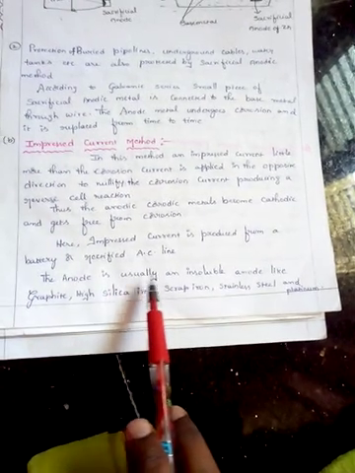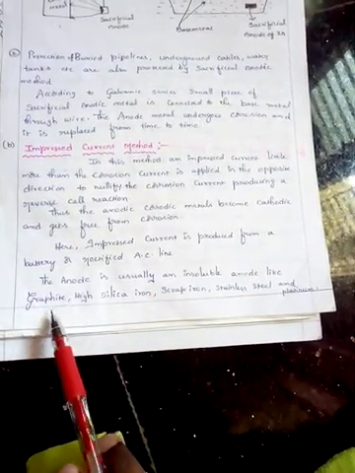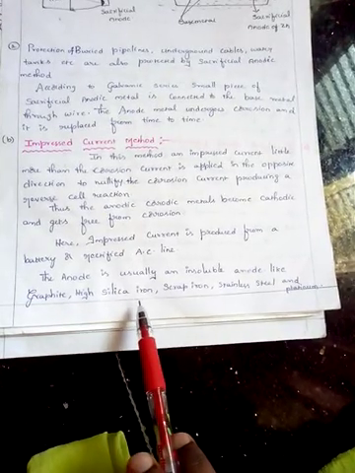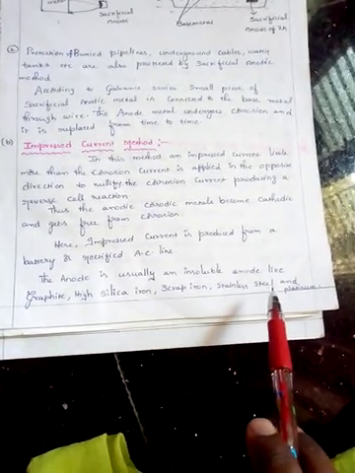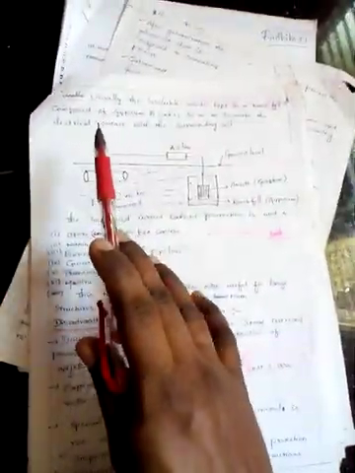The anode is usually an insoluble anodic material such as graphite, high silica iron, scrap iron, stainless steel, platinum, etc. These types of materials are used as anodic materials. This is the representation of the impressed current method.